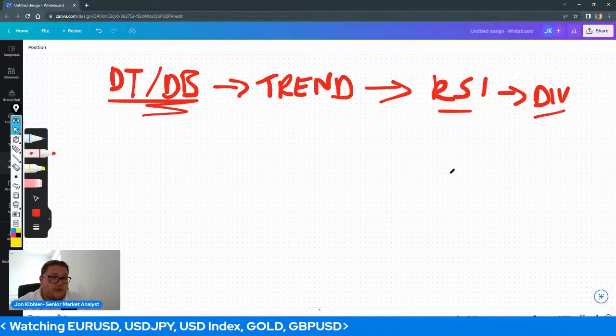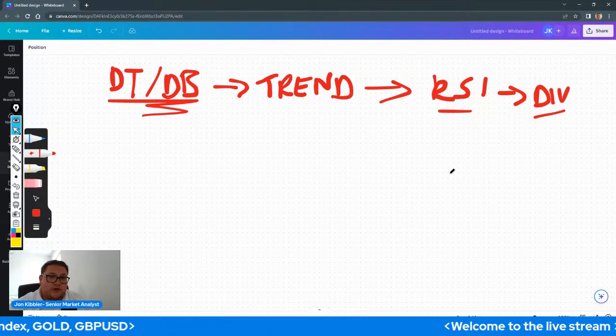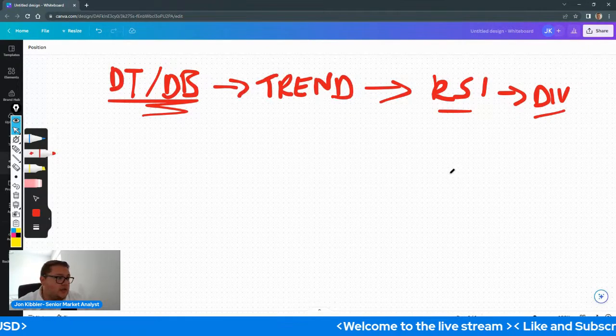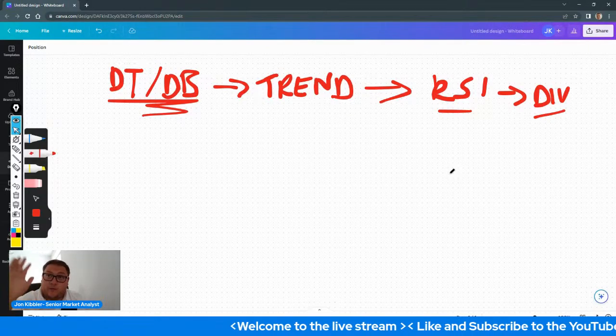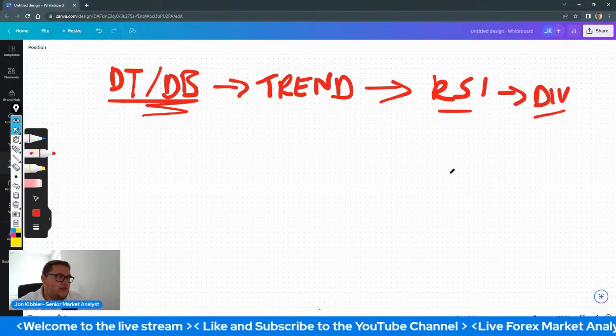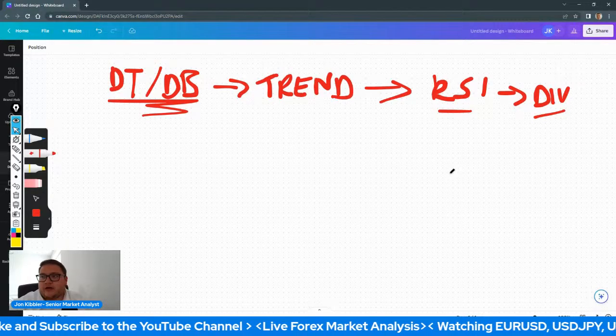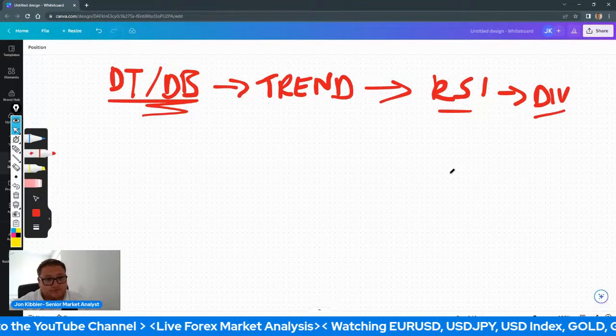That's something I use with my volume profile trade, where I'll look for the divergence between price and cumulative delta. But that's way down the line, when we go into some advanced trading techniques. This is a really good beginner strategy that I still use today.